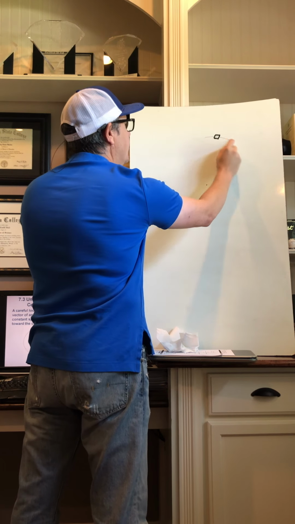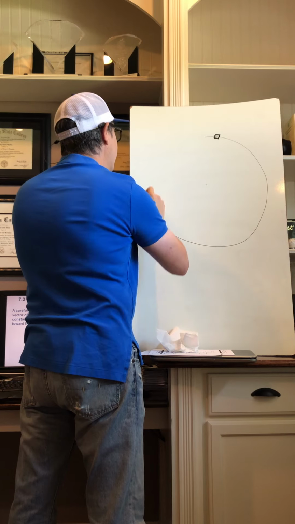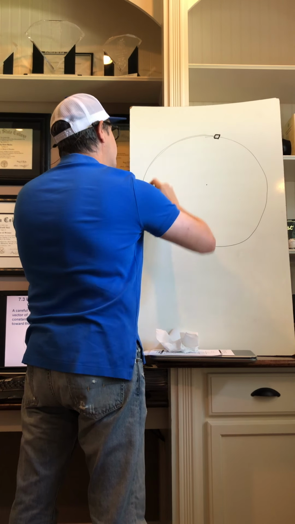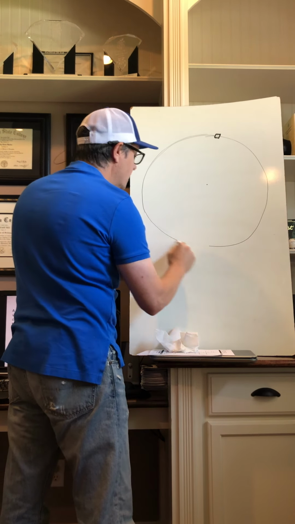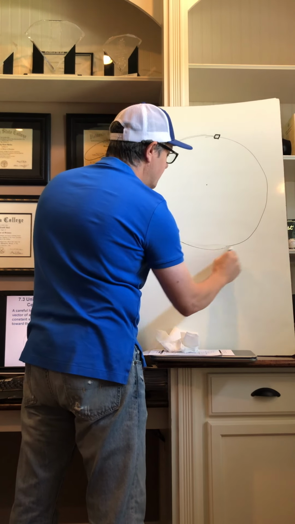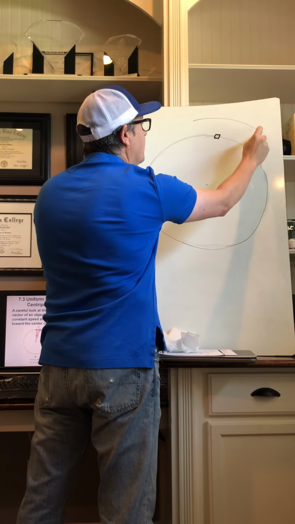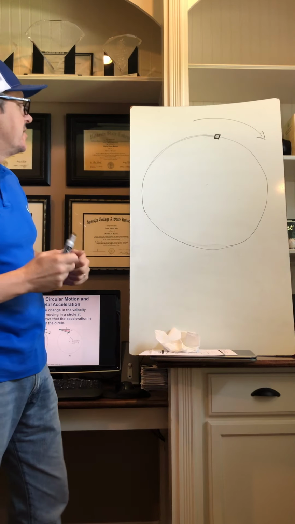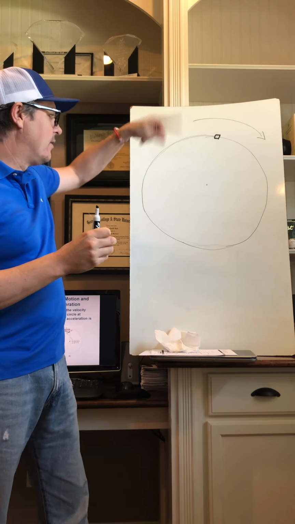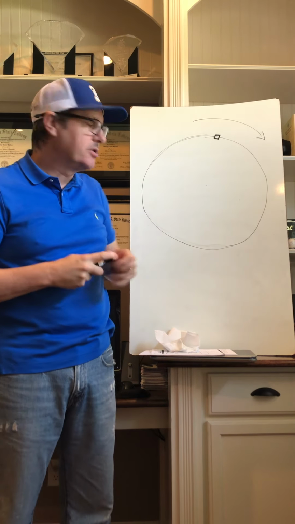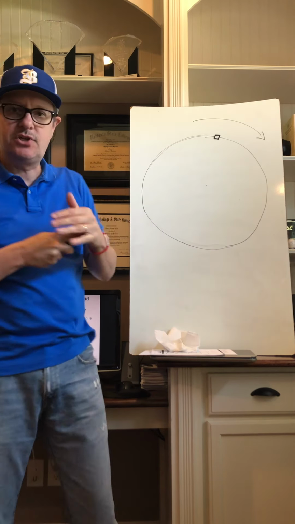So it's moving in a circular path around some center of rotation, like this, and let's say it's moving clockwise like that. So the object is moving around and around some center of rotation in a circular path.